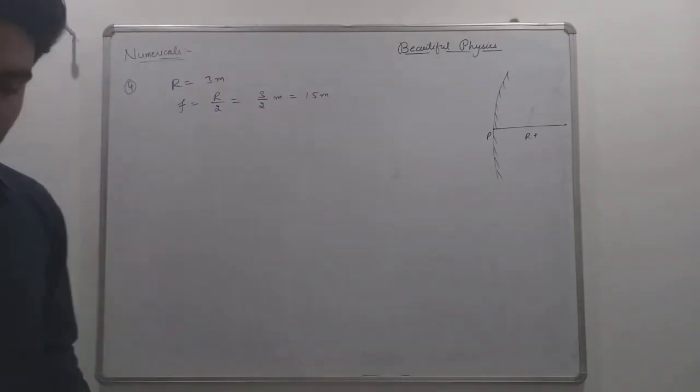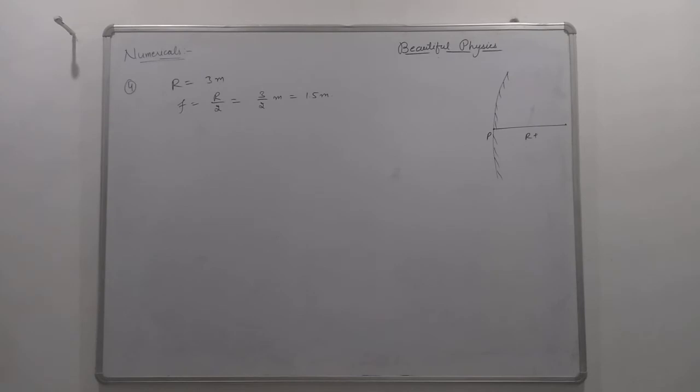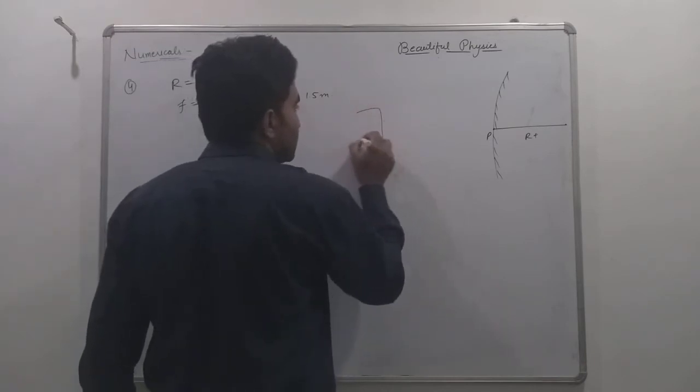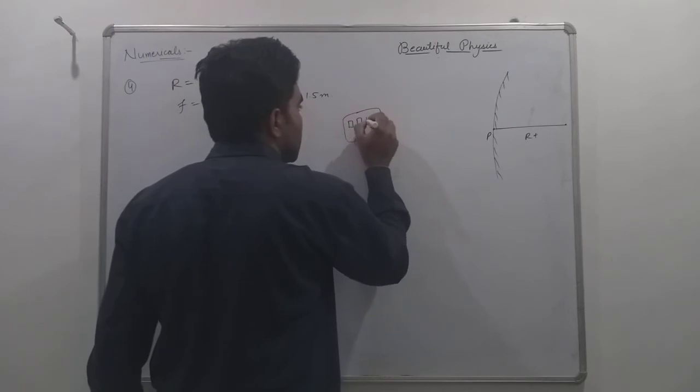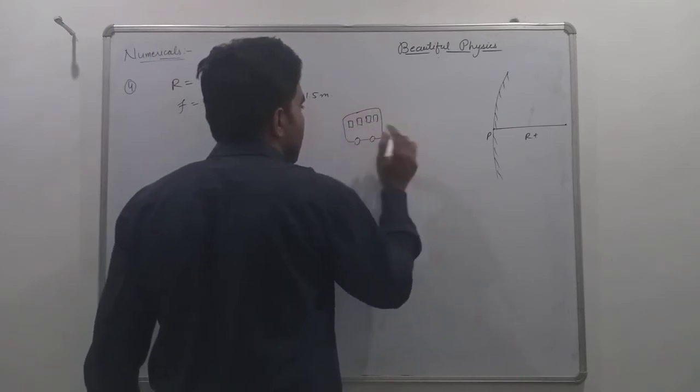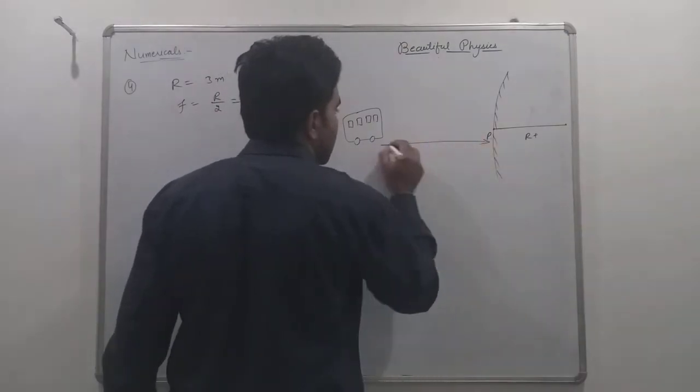If a bus is located at 5 meters from the mirror, suppose here is our bus, which is 5 meter away from the mirror.